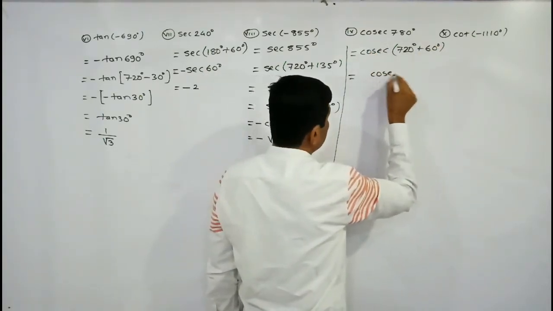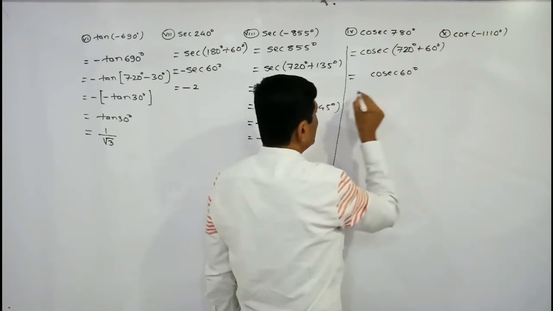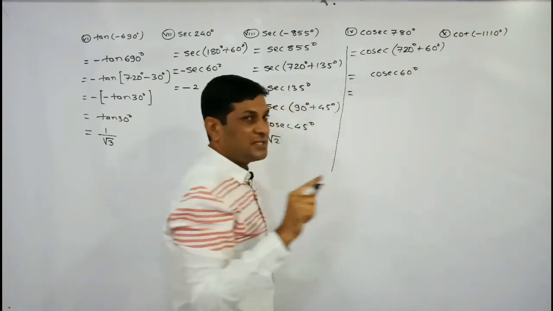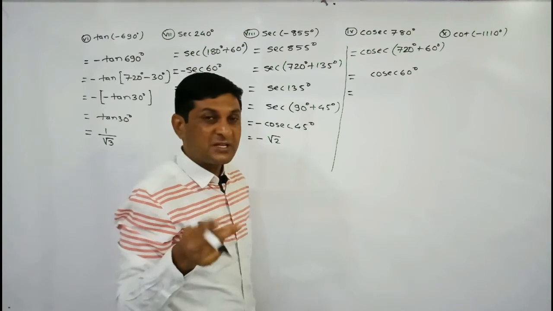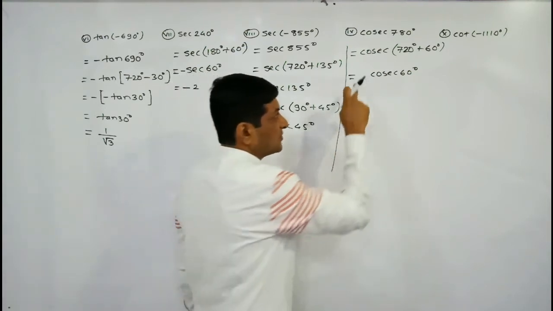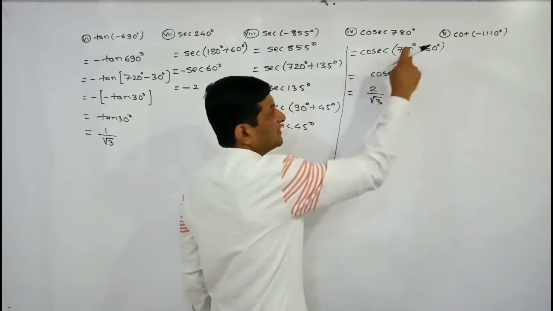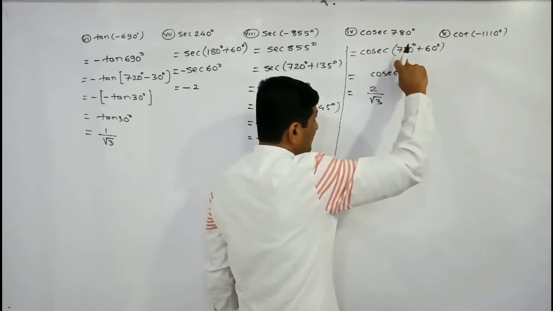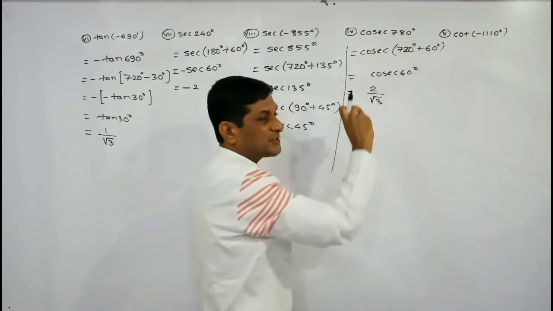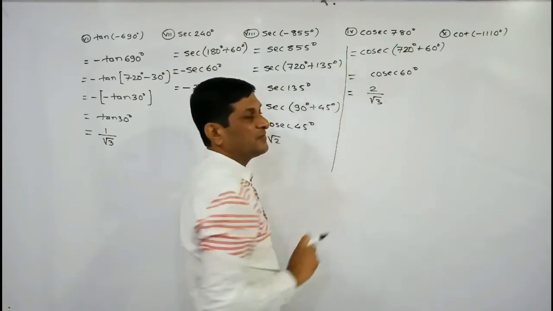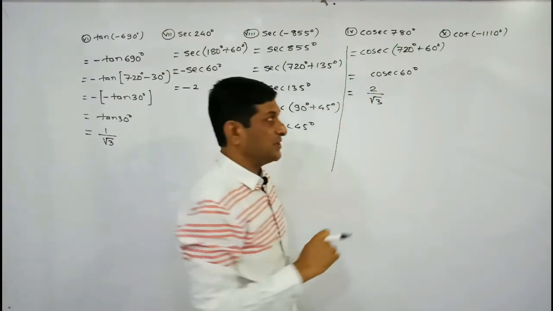So cosec 60 degree. We know that sine 60 is root 3 by 2. So its reciprocal is what? Cosec. So its value is 2 by root 3. So here 4 pi plus theta means first quadrant, that's why here value of cosec will be positive.